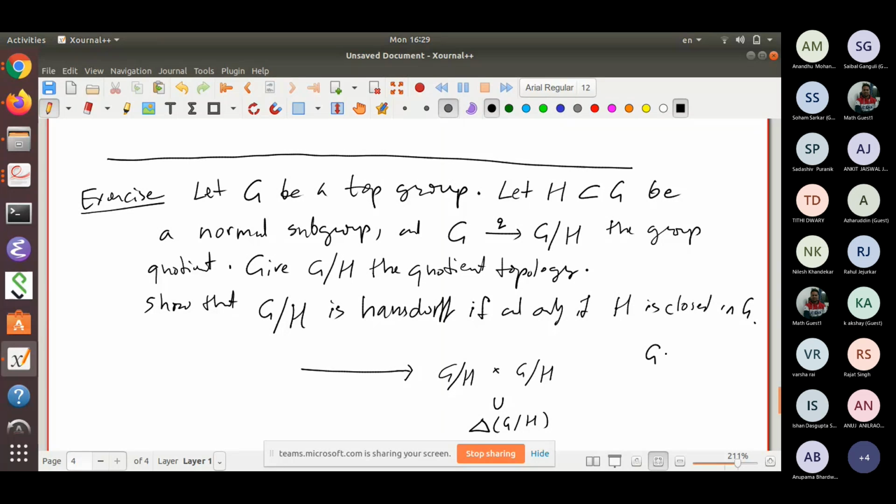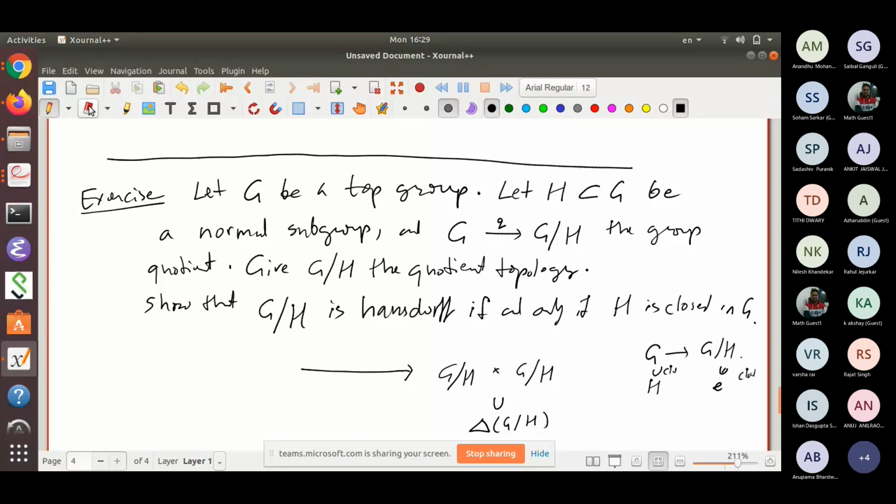Or you can think of G to G mod H, and G mod H is Hausdorff, and therefore the point is closed, and its inverse image is H. This is closed. Inverse image of something closed is closed. Okay. So even simpler.